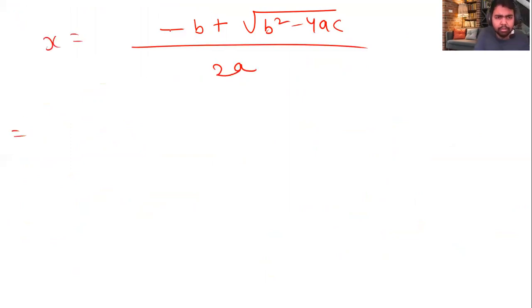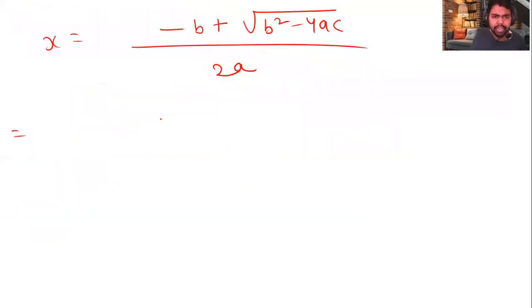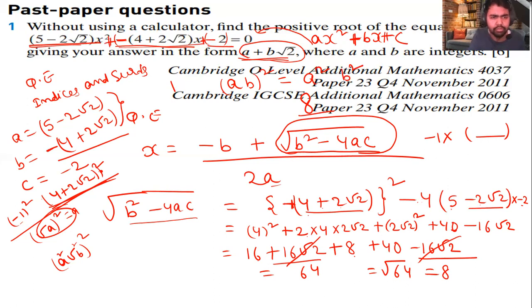So here the formula is minus b, and if you see, my b is itself minus 4 plus 2 root 2. So when minus b and this minus sign are multiplied together, the whole thing will become plus. So directly I'm going to write 4 plus 2 root 2, right? This minus sign would be eliminated because we already have minus b there, right? So what was my value? 4 plus 2 root 2.